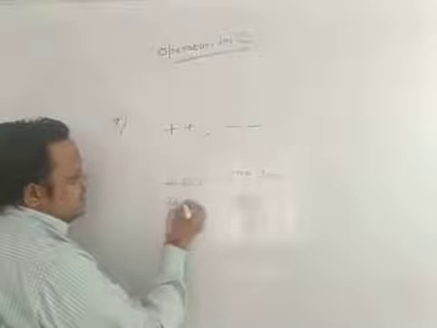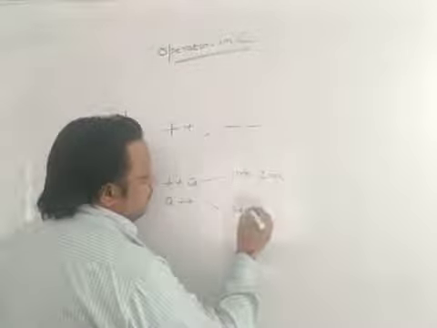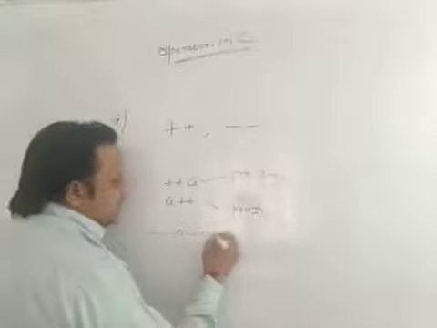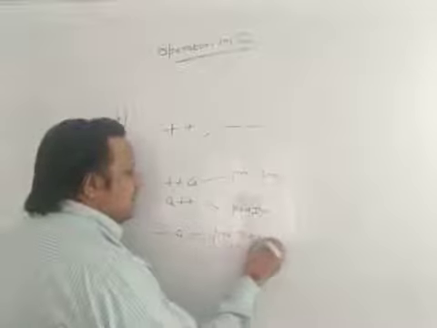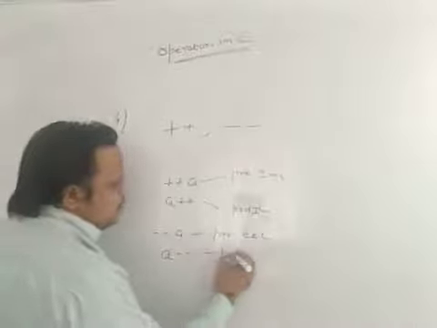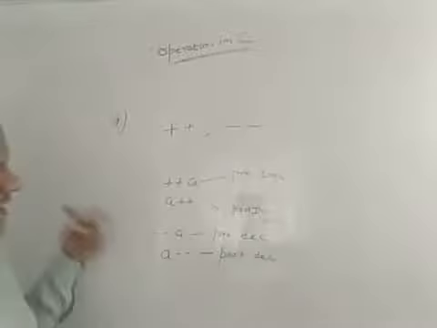And if this operator is after the variable, it becomes post-increment. Similarly, minus minus a, if I am writing, it is pre-decrement because I am decrementing the value. And if it is after the variable, it is post-decrement. Right? Plus plus a, a plus plus, minus minus a, a minus minus.